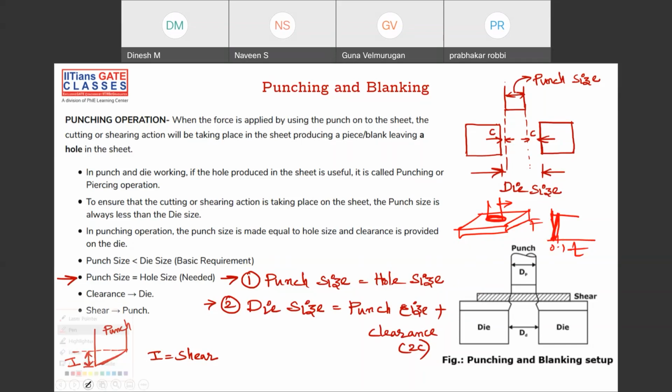Okay. So now, instead of doing that, if you are having a sheet like this, and then if you are having this kind of shear, then slowly, initially, this will come into action.